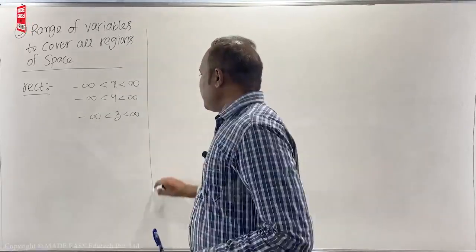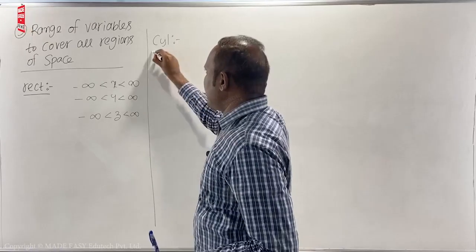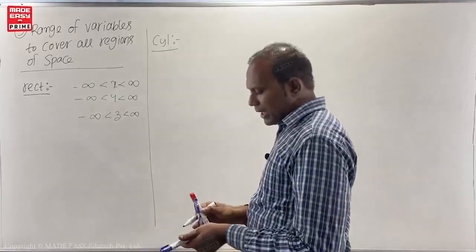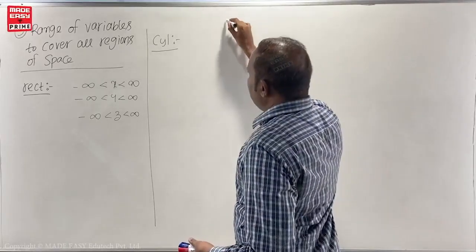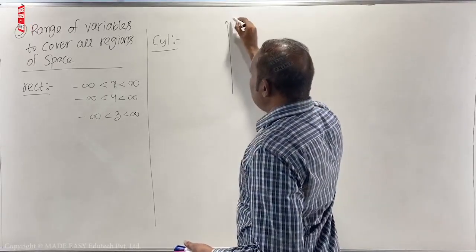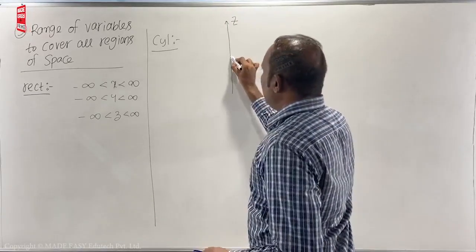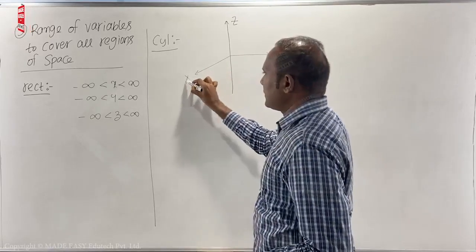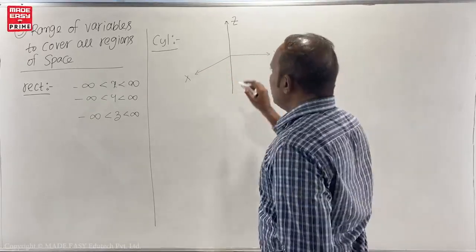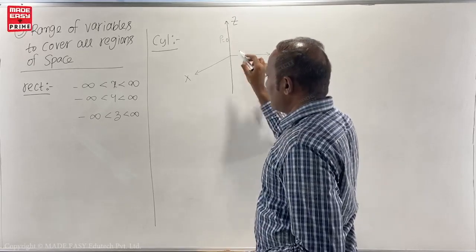Now coming to the cylindrical coordinate system, what is the range? Let us see. One by one I will tell. For example, I will take this as a z-axis and this as a y-axis and this as a x-axis. Here on the z-axis radius is equal to 0.